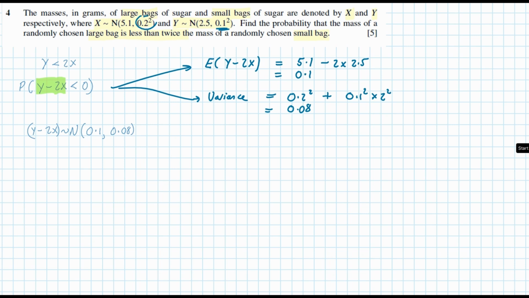And now we can say the probability that Y minus 2X is less than 0 is equal to the probability, and we're going to change it to the standard normal distribution by using Z, that Z is less than 0. Now we can put in our mean: 0, take away our mean, over our standard deviation, which is the square root of our variance.